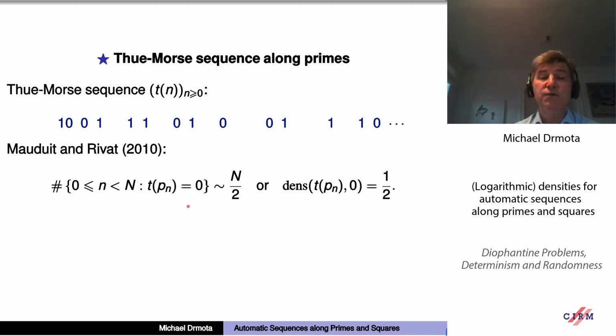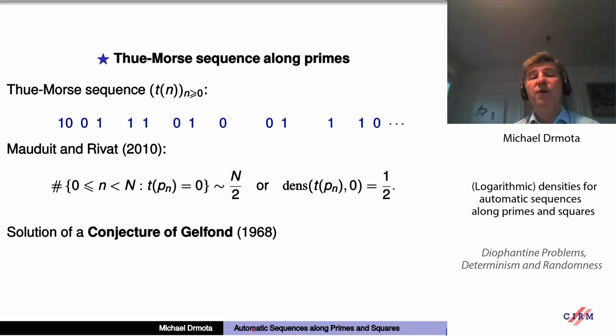Or if you make it a counting problem, the number of prime numbers up to the nth prime number such that the Thue-Morse sequence is 0 is just approximately n/2. This was a solution of a long-standing conjecture by Gelfond.